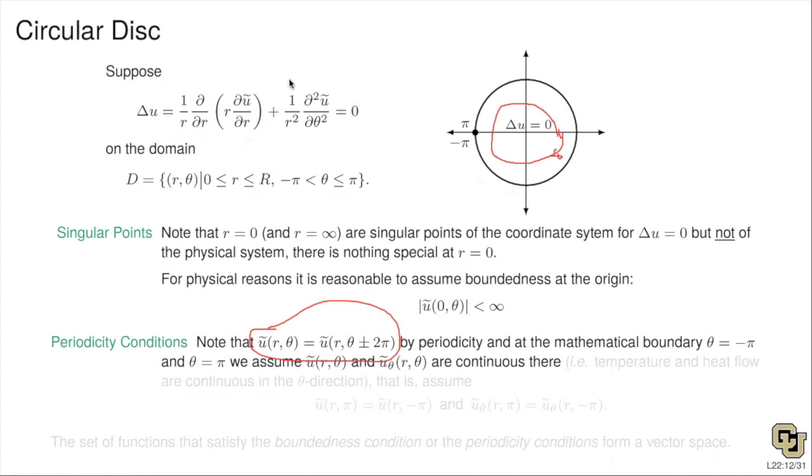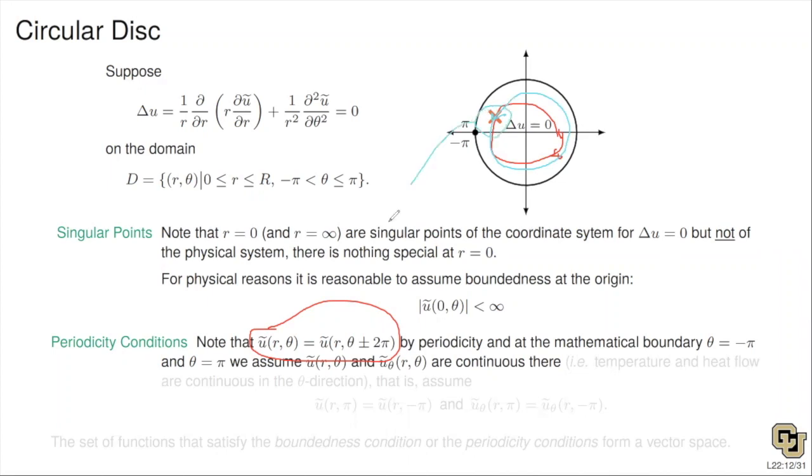Now pick a point on that aforementioned circle. So here I pick a point, and if you go around 2 pi, we'll be right back at the same point, right? So if I start here, go around 2 pi radians, I'm right back at the same point.